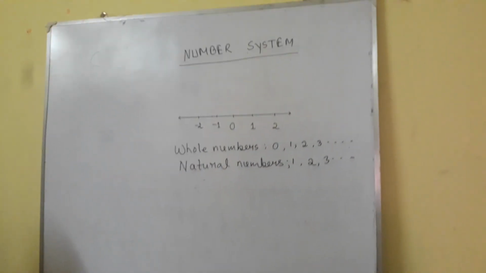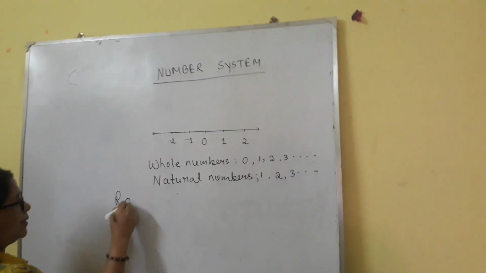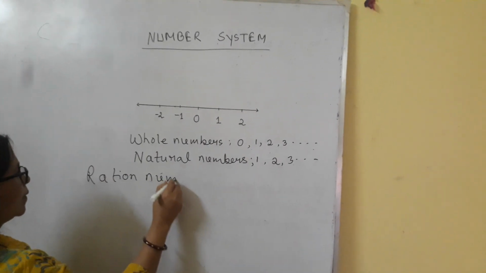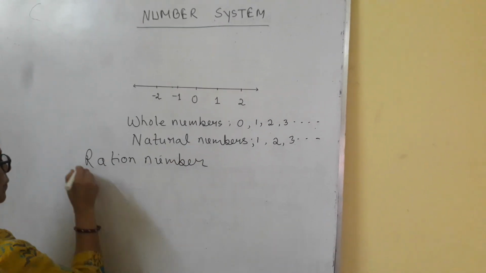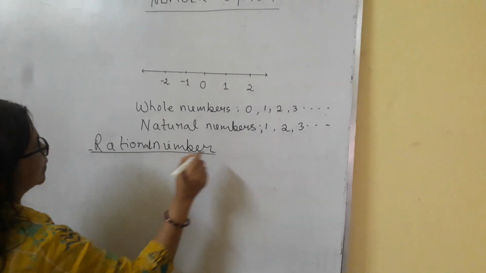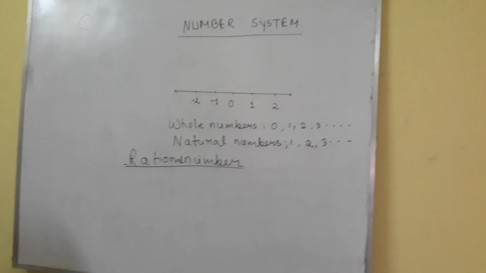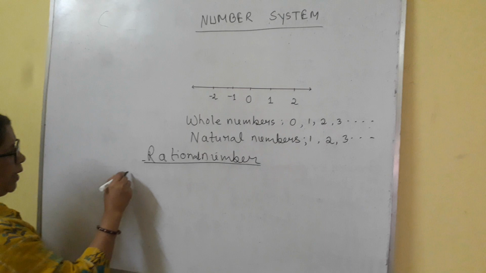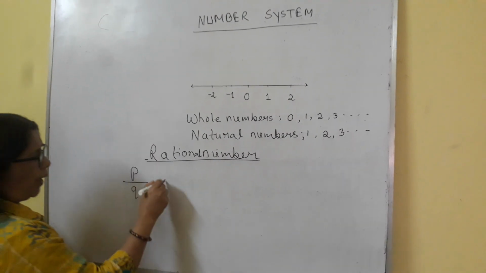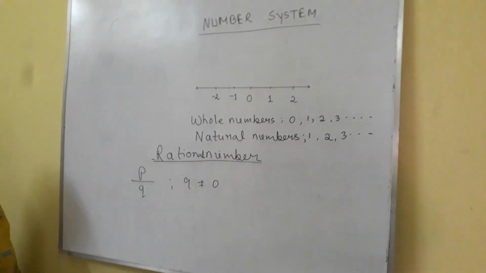Now in class 9 you will learn another definition of a rational number, that is any number we can express in the form of p by q, where q is not equal to 0, we call it a rational number.